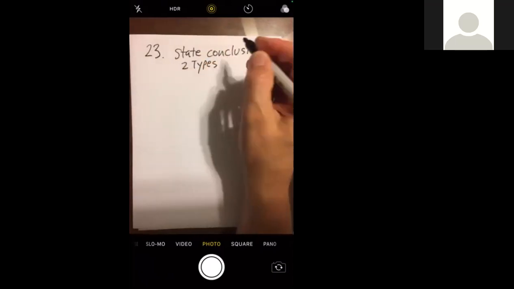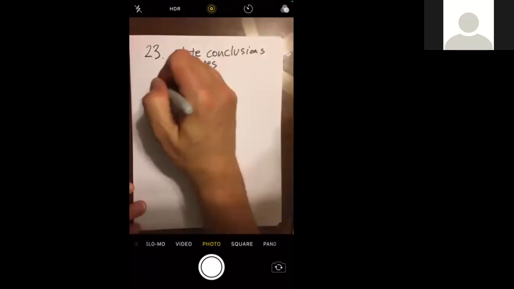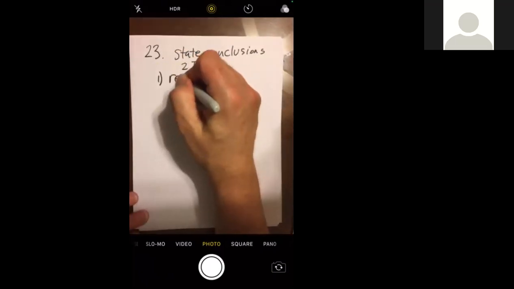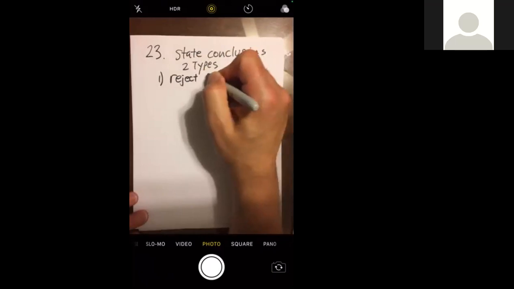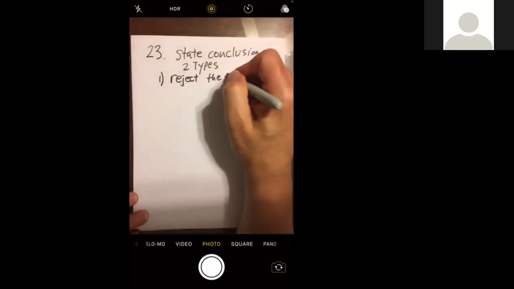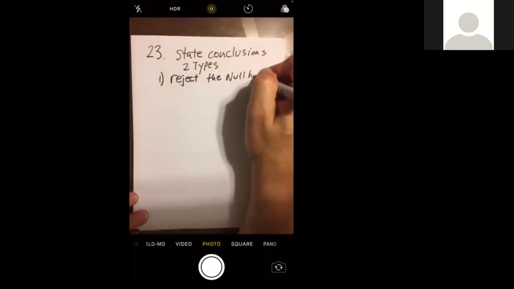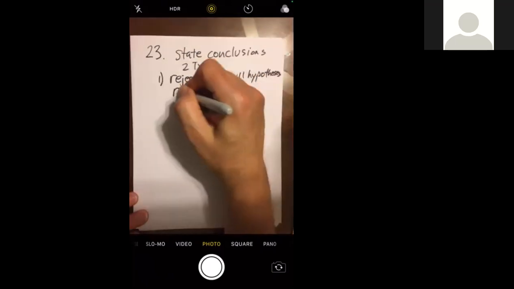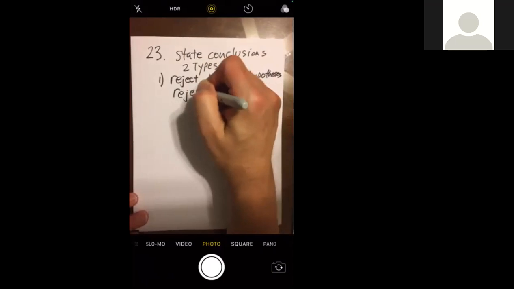You see how technical this is? One, you can reject the null hypothesis. I've written it out in words. In the lingo, it's reject H0.